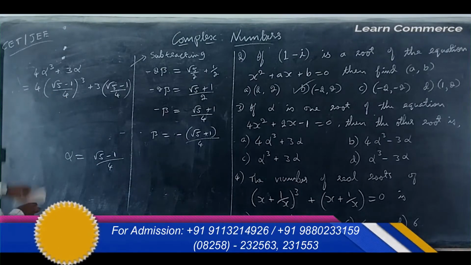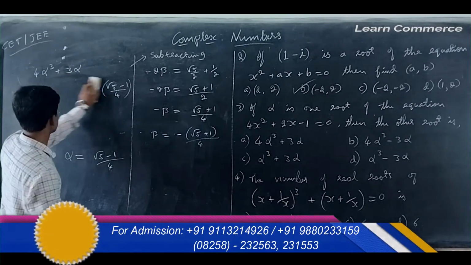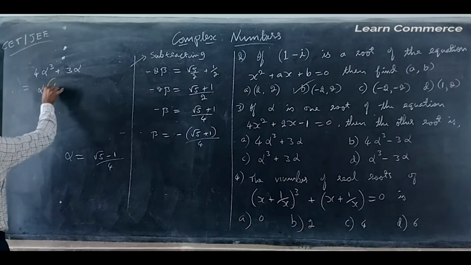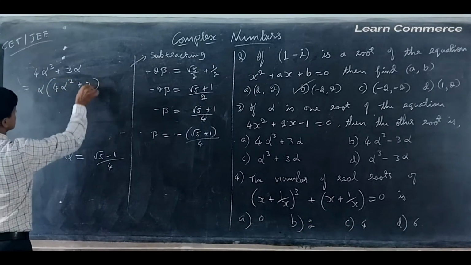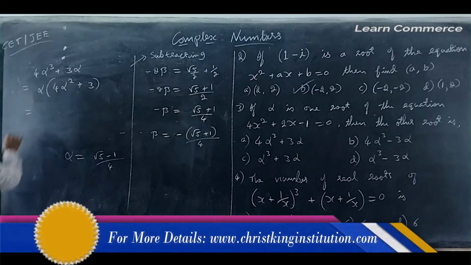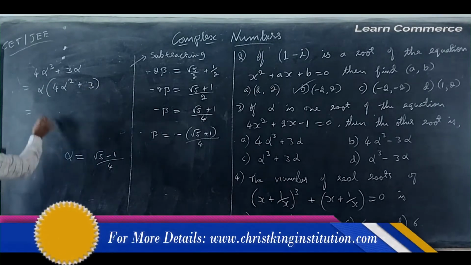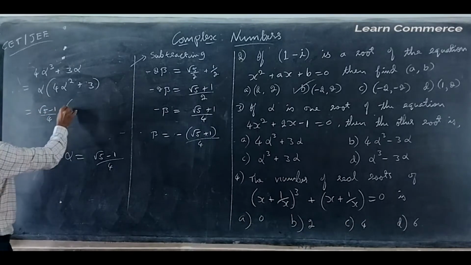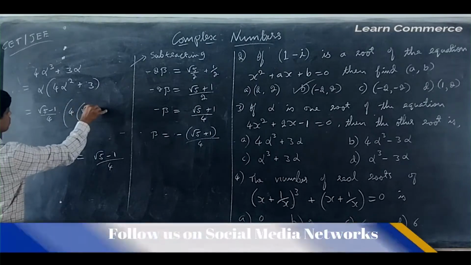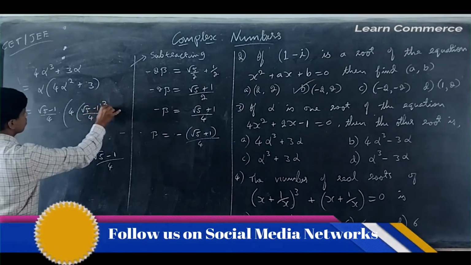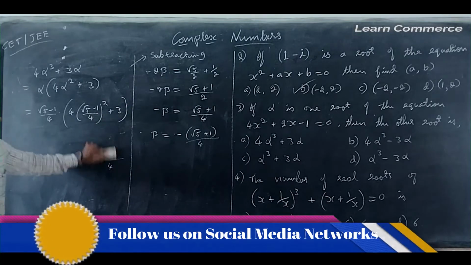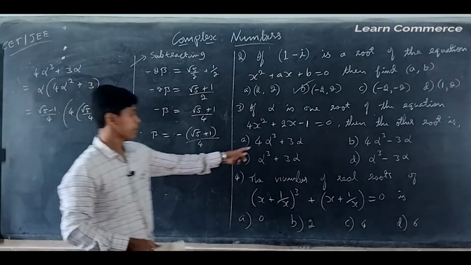Okay, so otherwise you could write this as, if I take alpha common, 4 alpha square plus 3. So multiplication will be easy, you don't have to use the a minus b whole cube formula. Okay, so this is root 5 minus 1 divided by 4 and then 4 into root 5 minus 1 divided by 4 the whole square plus 3. Well, yes, so this is only option A.